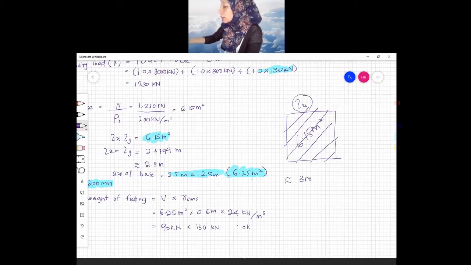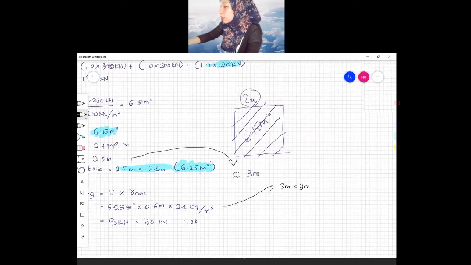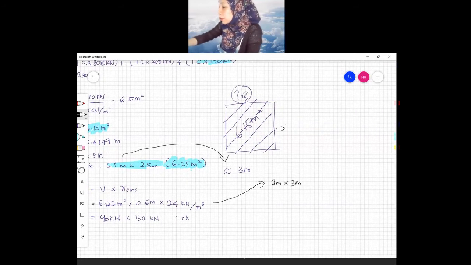Okay, for example, say you want to round up to 3 meter. That is actually possible. So when you calculate the size of base and round it up, 3 meter times 3 meter times 0.6 meter height, then multiply by the unit weight of concrete.